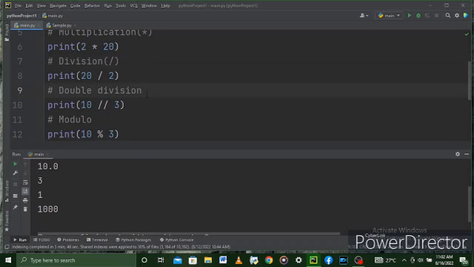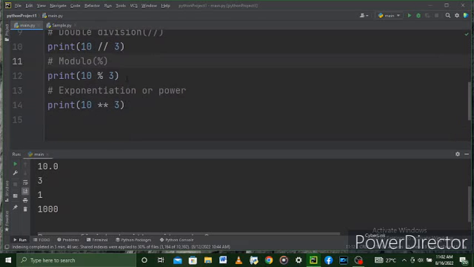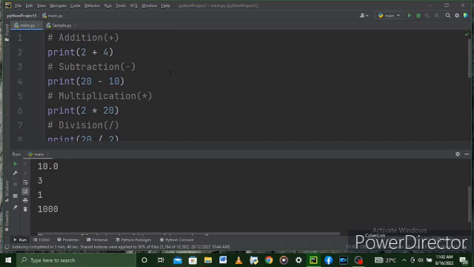So this is this, this is this, and this is this as well. These are all the arithmetic operations and their various operators we have in Python.